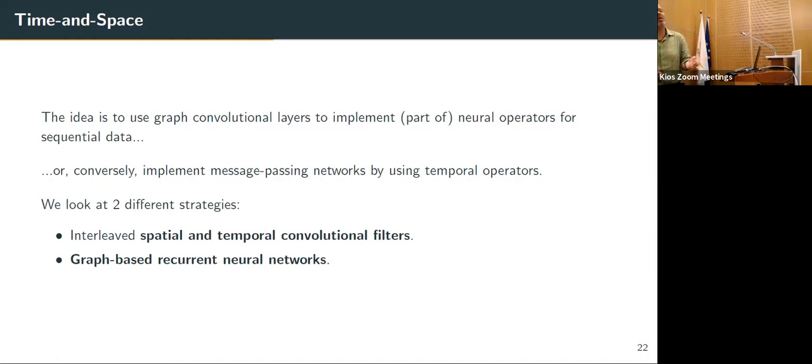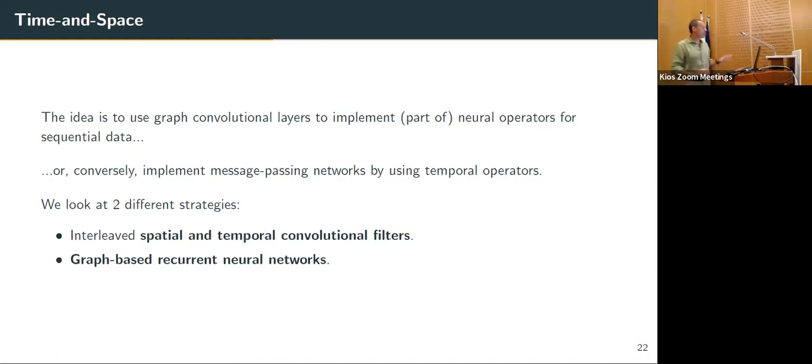In time and space, you design new operators always belonging to the family of message passing. So you redefine the operator belonging to the same family, trying to play with that. One possibility, and we will look at two strategies, is to interleave space and time. I do one convolution over space, one convolution over time. I don't go deep. One space, one time, one space, one time, one space. That is one possibility.